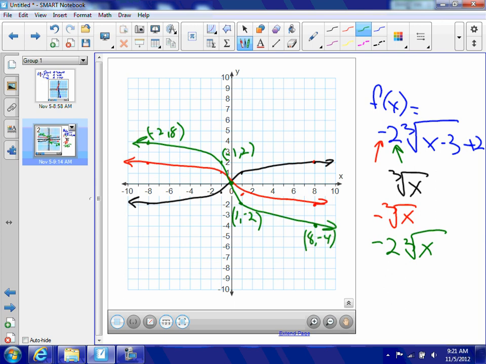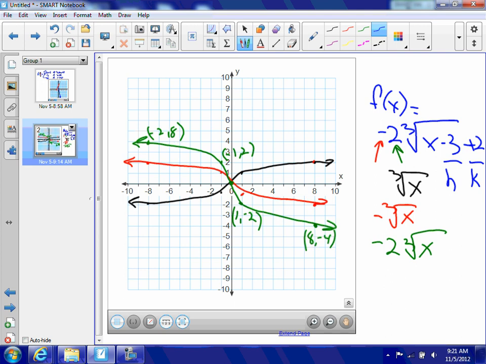Okay. Now, once I've done that, my final transformation is going to be the horizontal, my h, and the vertical, my k. And I do like to do these together. If this is a negative 3, it means I'm going to move to the right 3, and I'm going to move up 2.